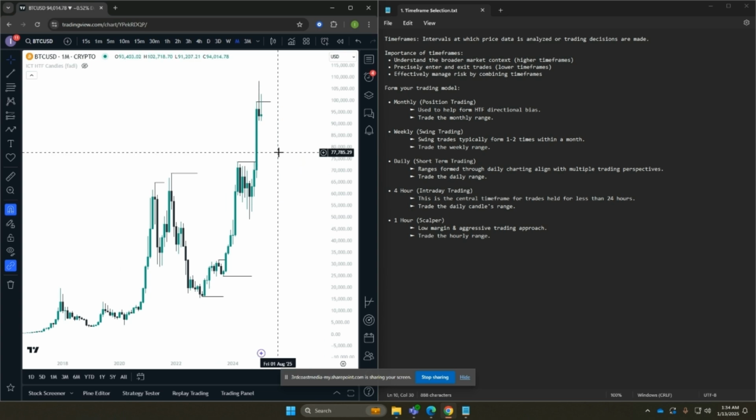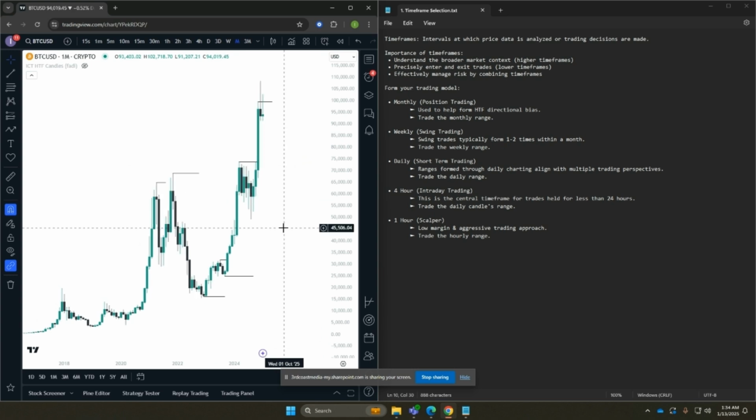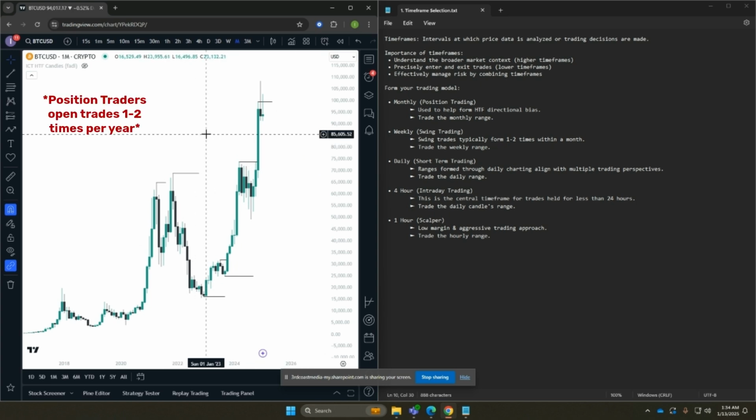But talking about the monthly time frame, it's just used to trade the monthly range. So we see a range from here to there, or maybe we see a range from here to here. We're just trying to find opportunities within the monthly range. As a positional trader, you're maybe taking 1 to 2 trades a month, but two would be pushing it.